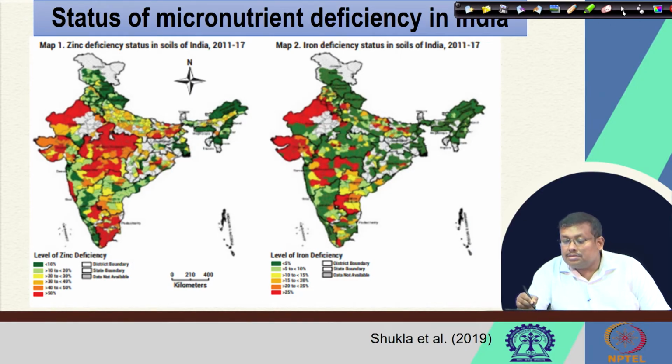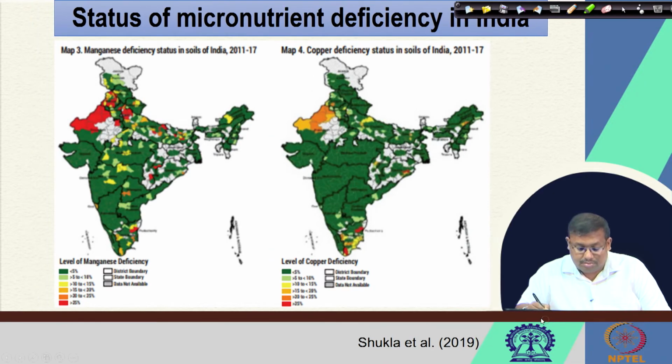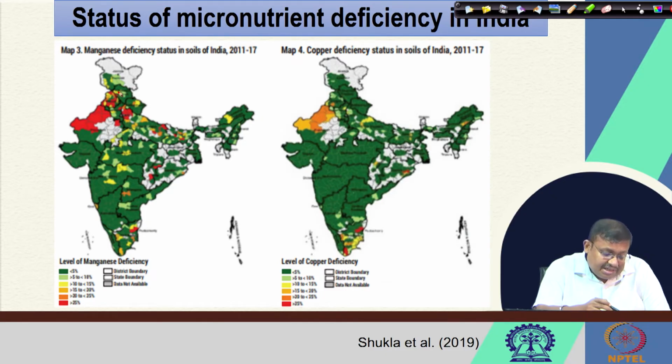So, this map shows the level of manganese deficiency. Manganese deficiency can be mainly found in Rajasthan area and in some areas of Punjab, where we can see more than 25% of manganese deficiency. In case of copper deficiency, we can also see some copper deficiency in Rajasthan area.